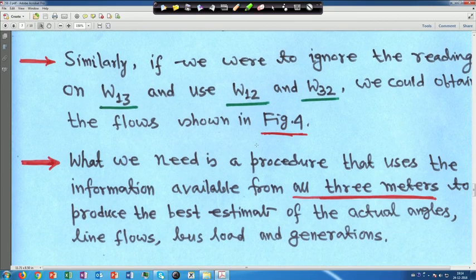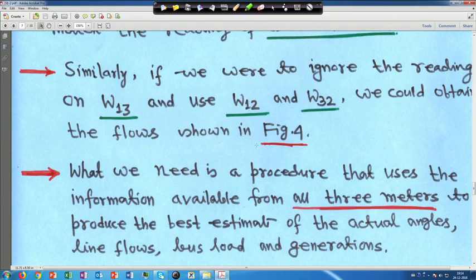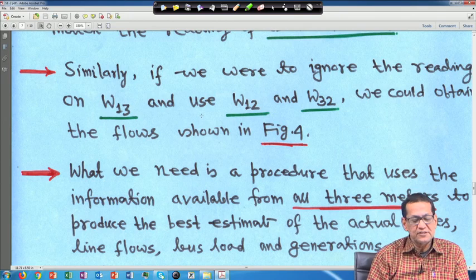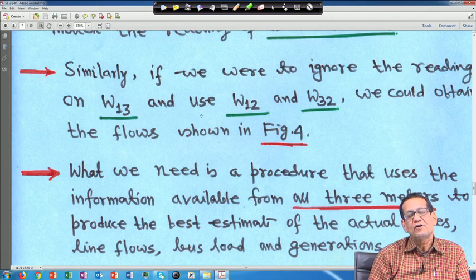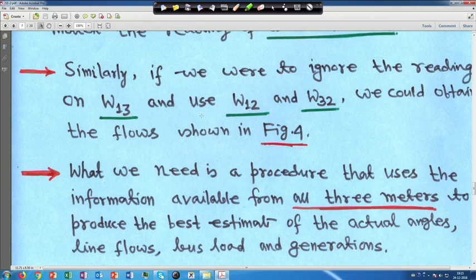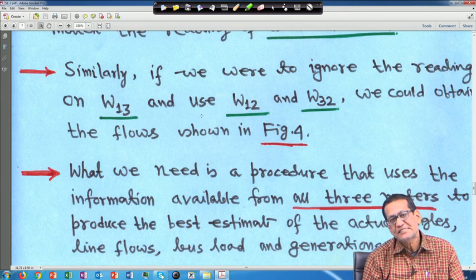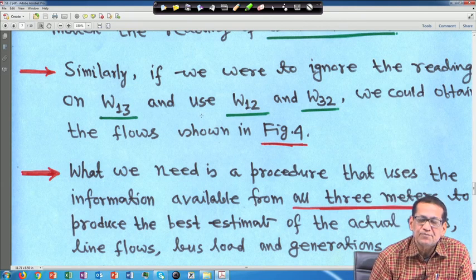What we need is a procedure that actually uses the information available from all the 3 meters to produce the best estimate of the actual angles, line flows, bus load and generation. That means our objective is to consider all the meter readings and try to find out the best estimate of the line flows and the voltage angles, right.